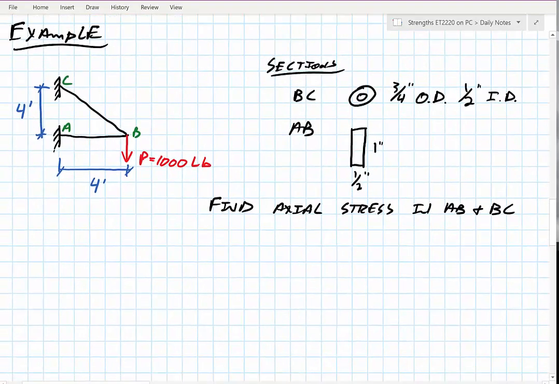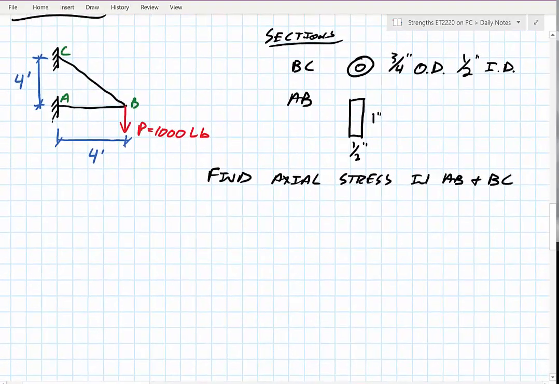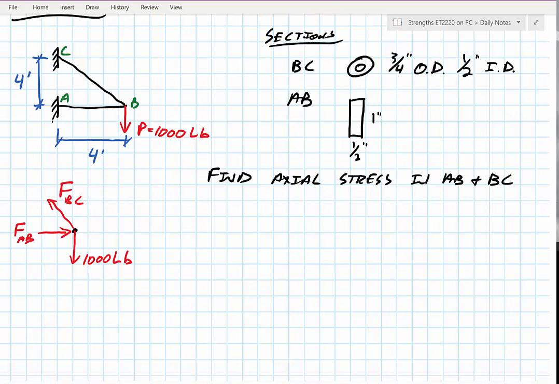So the first step in this problem is that I need to find the force in each one of the members. So I'm going to go to my statics and draw a free body diagram. If you can't quite remember how to do method of joints on a truss, you might want to review that material, but that's in essence what I'm doing. I'm looking at joint B. I do know that this is a 45-degree angle, and so from my statics I could say sum of the forces in the y direction equals 0, and that gives me this FBC, but I need the vertical component.